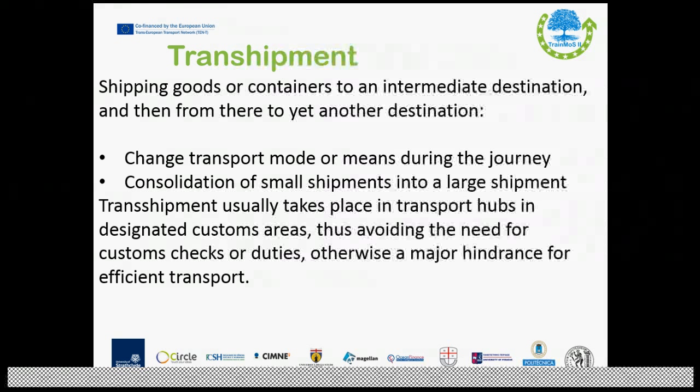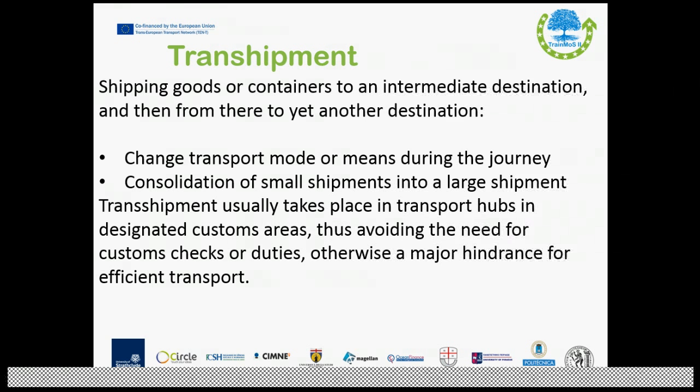We could have containers being transported to this intermediate destination, or we could also have goods transported with LTL, less than container loads, to an intermediate destination in order to be stuffed again with other goods to be shipped to the end destination.